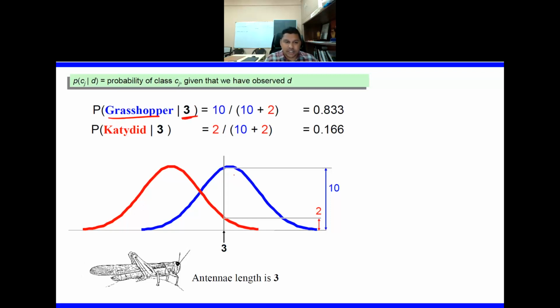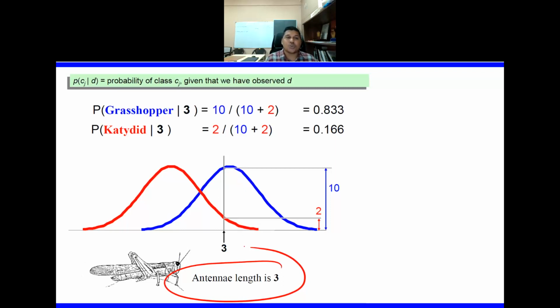In the grasshopper distribution, this 3 is matching at this point, that is 10. So 10 divided by 10 plus 2. Why 2? Because the matching point here is 2 for katydid. So it is 0.833, whereas for katydid it is 2 by 10 plus 2, which is 0.166.